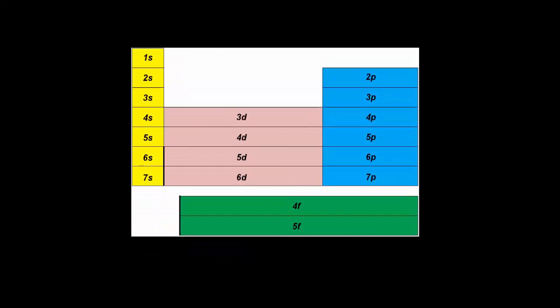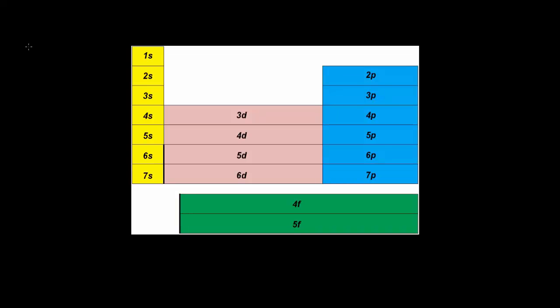Basically, we go through and fill this accordingly in this order. We have 1s1 and then 1s2, then we go to the right and do 2s, 2s1, 2s2, and then 2p, 2p1, 2, 3, 4, 5, 6. Then 3s1, 3s2, and 3p, 1 through 6.